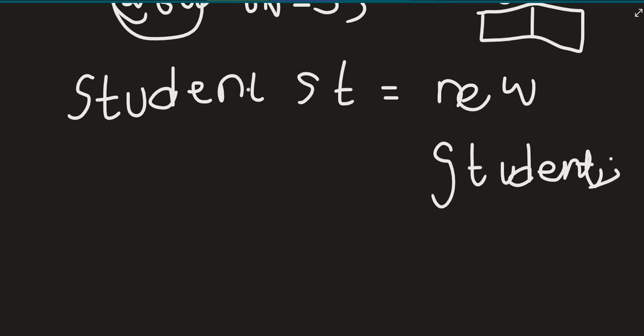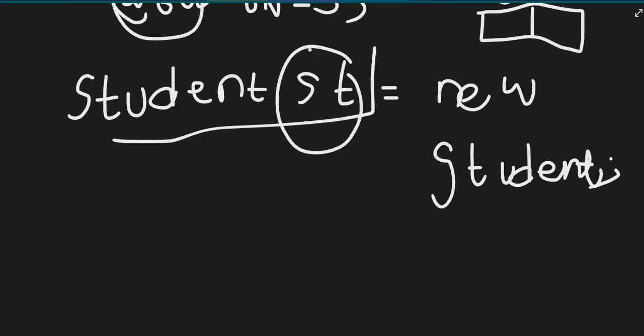Of course, this is the object I have created. What is this? It indicates the address. This actually indicates the address.